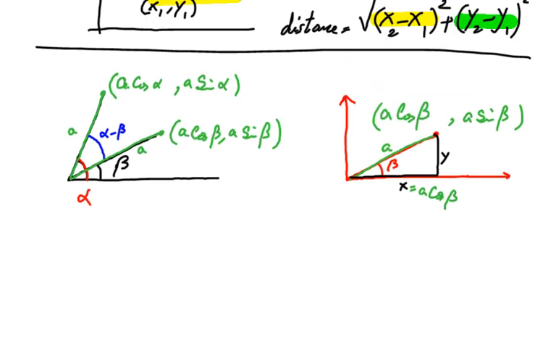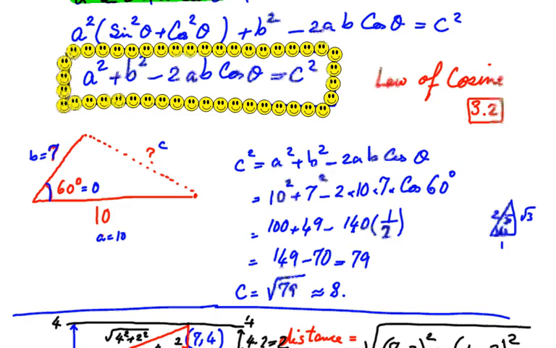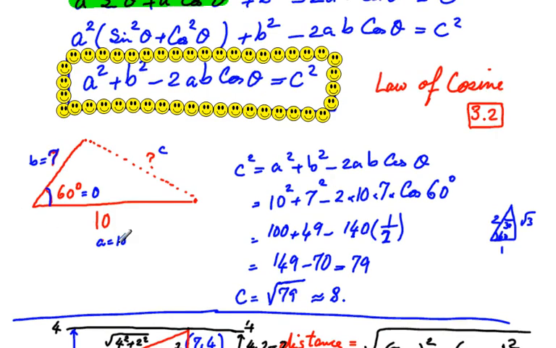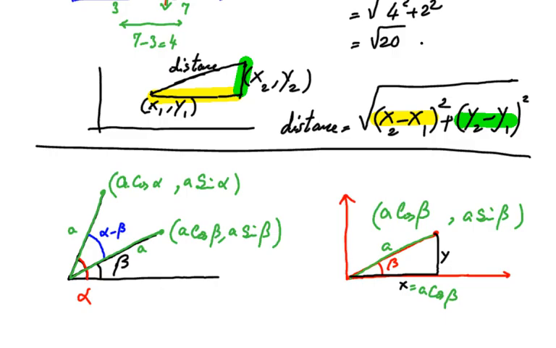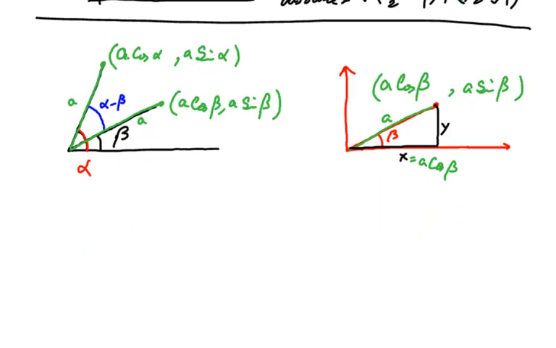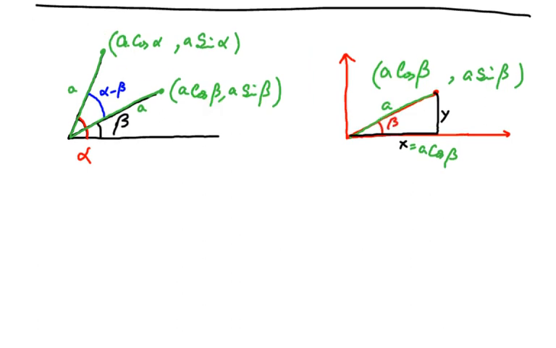I made one tiny mistake. Let me go back and see how this was. I had A and B over there. Sorry for that. Let me just change the length of one of the legs.